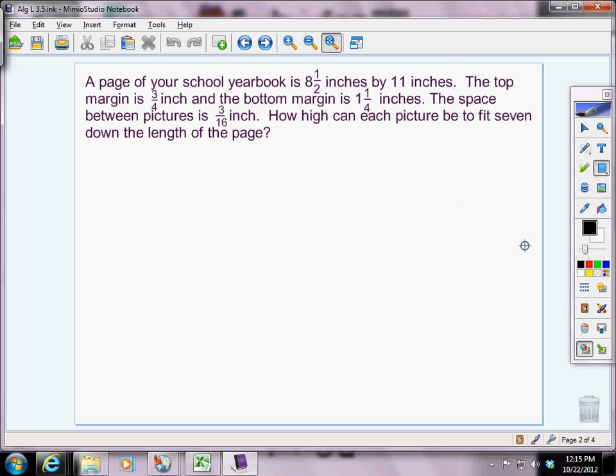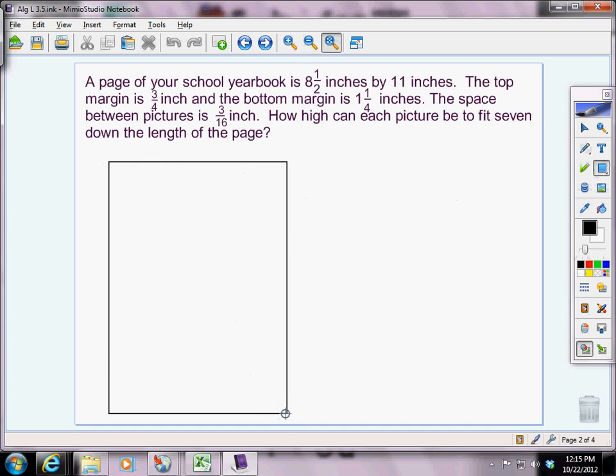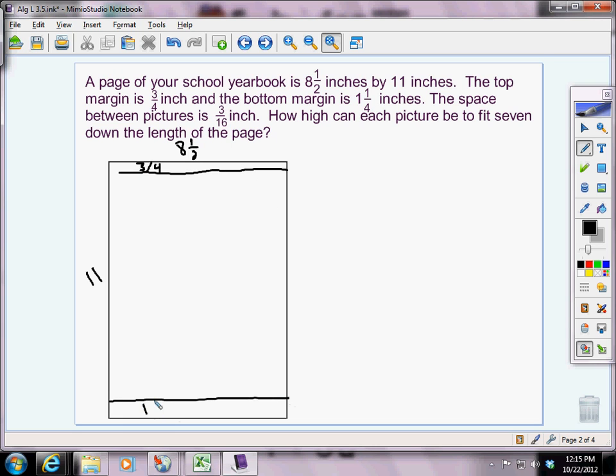So here's going to be my page in the school yearbook. It's 8.5 by 11. So here's 8.5 by 11 inches. The top margin is 3/4 of an inch. So here's my top margin. Yes, I know, pretty sloppy, but that's going to be 3/4 of an inch. And the bottom margin, to be a little bit bigger, is going to be 1 1/4 of an inch.